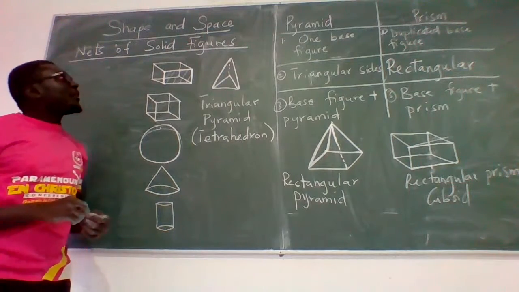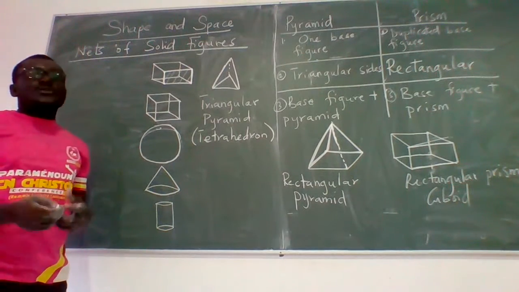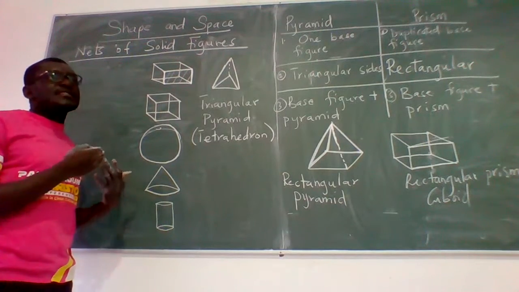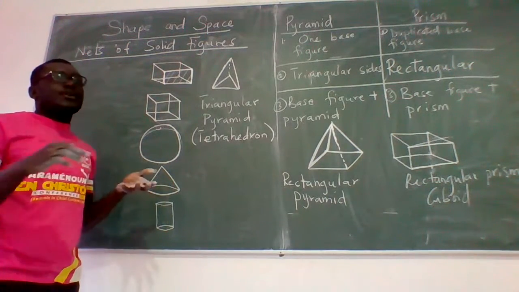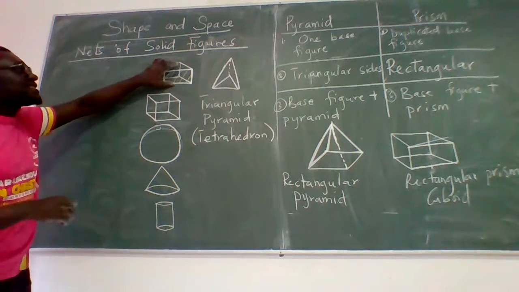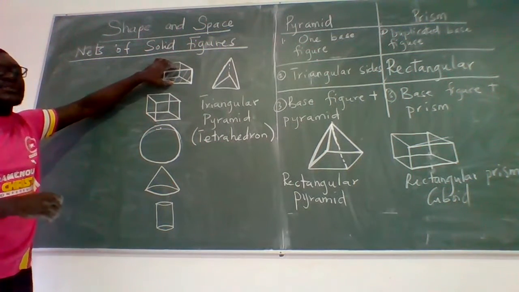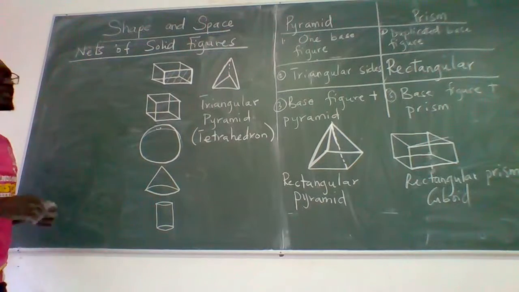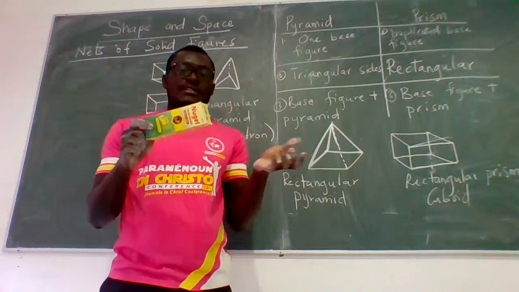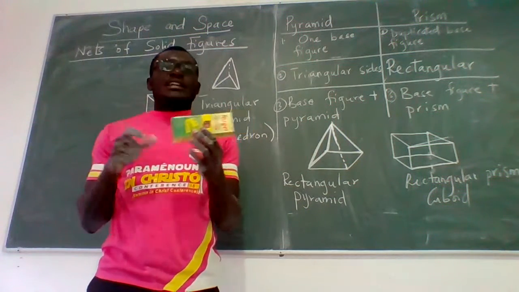So when we talk about the net of the figure, what you are going to do is to draw the faces of these figures by bringing all of them together. Now we are going to see how many faces this one is going to get us so that we can get a net out of it. So let's say this is what is being represented on the board. Now we are counting.